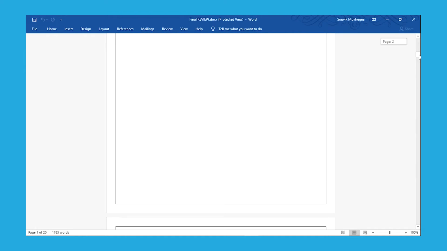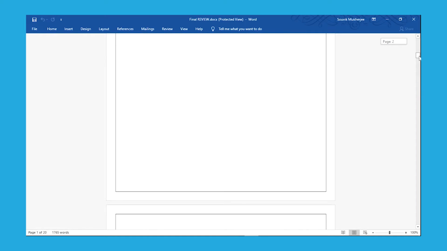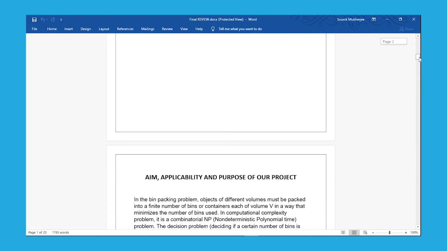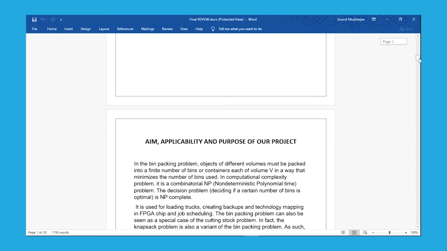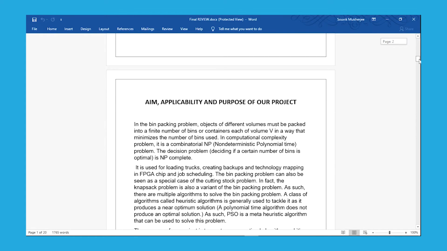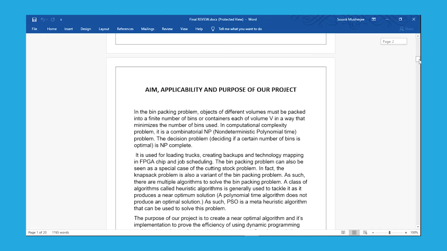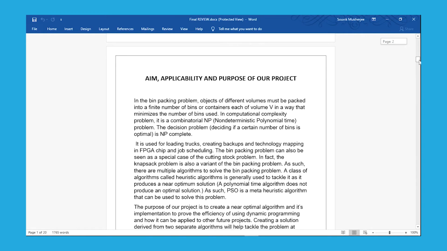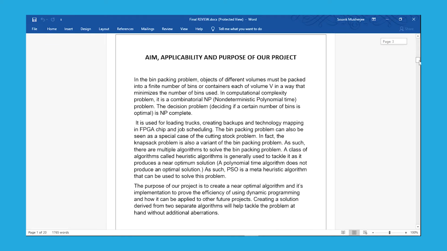In computational complexity, it is a combinatorial NP-hard problem. And usually NP-hard problems are associated with exponential time complexities, which is evident in recent findings that have been done in this regard.